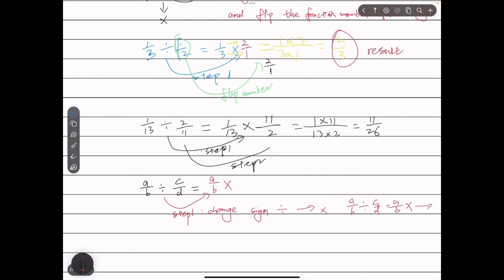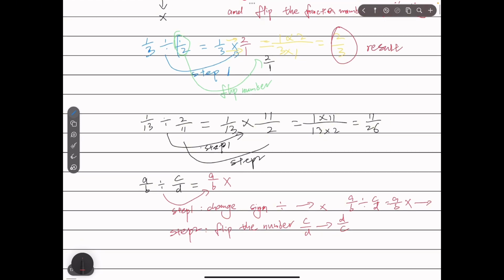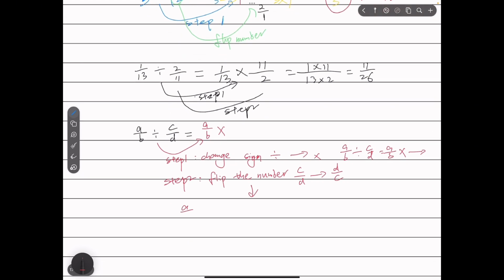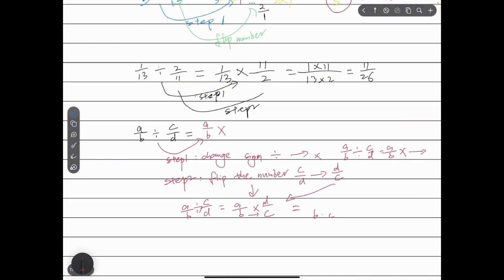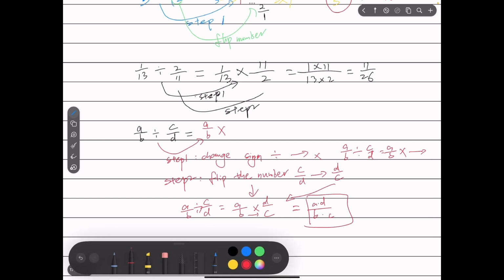Step 2 will be flip the number, so change C over D to D over C. So A over B divided by C over D will give us A over B times D over C. Then we use bottom times bottom, B times C, top times top. That will be our final result.